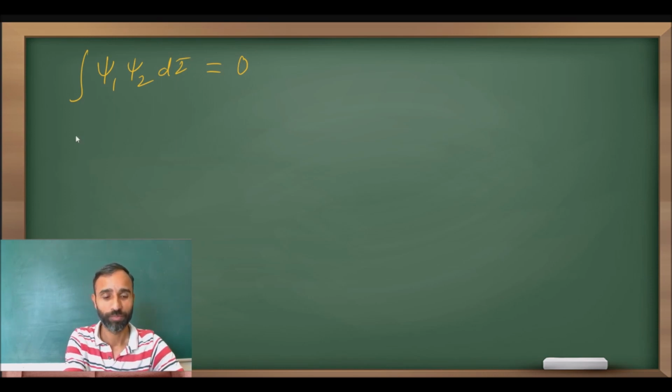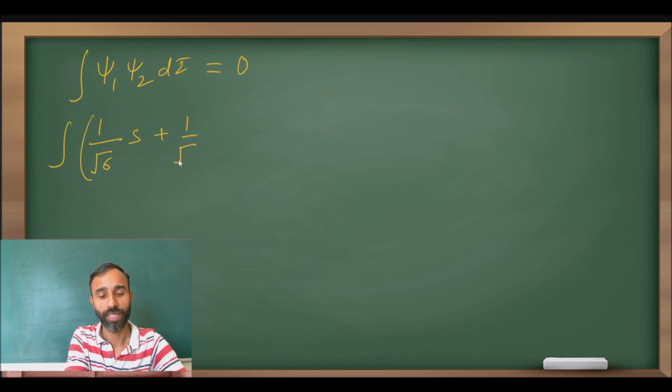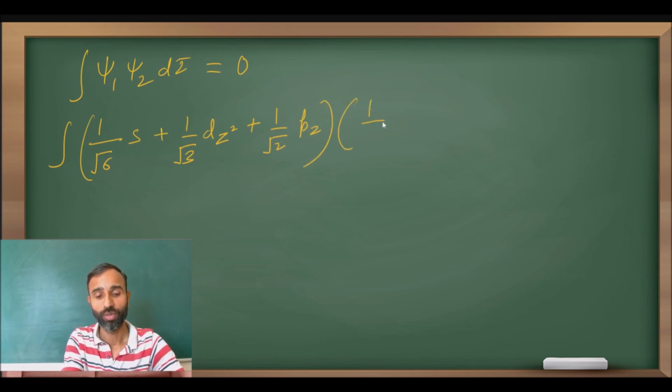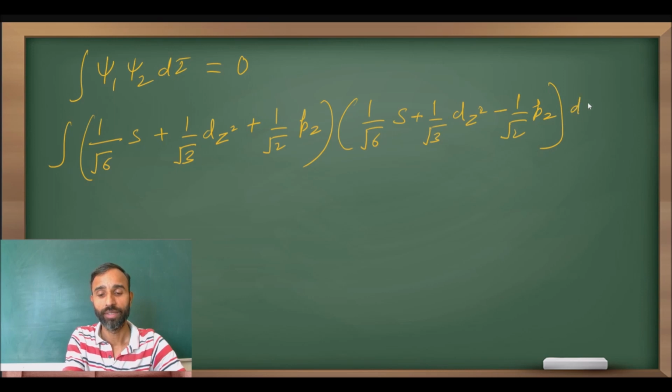So see, you have 1 by root 6 s plus 1 by root 3 dz square plus 1 by root 2 pz, into 1 by root 6 s plus 1 by root 3 dz square minus 1 by root 2 pz, d tau.